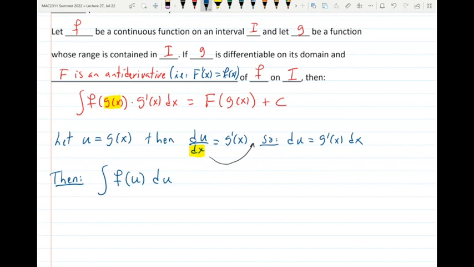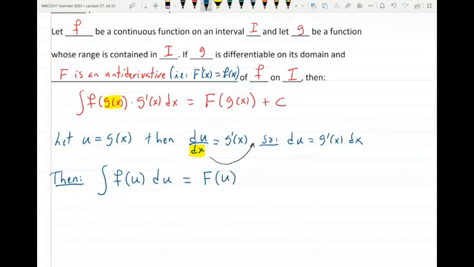The first integral looks a little bit more complicated, but after we make the substitution, we obtain something simpler, because we already have an antiderivative for little f. Then the result here is just that antiderivative, but this time evaluated at the function u. And then of course plus c.